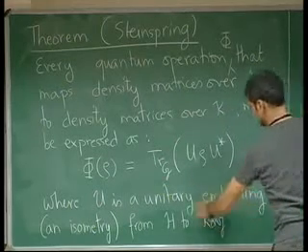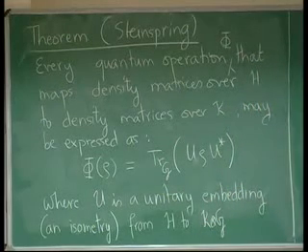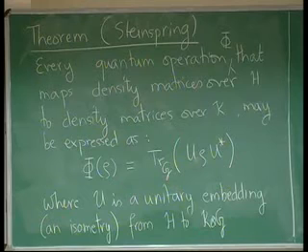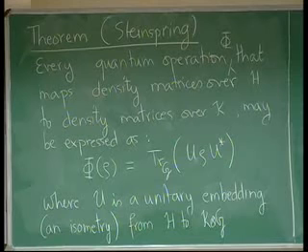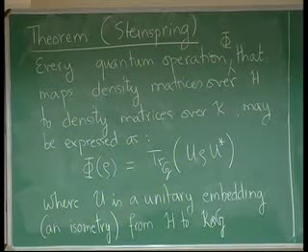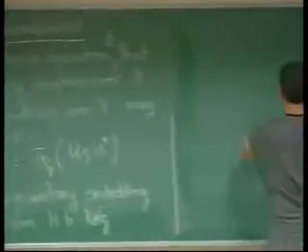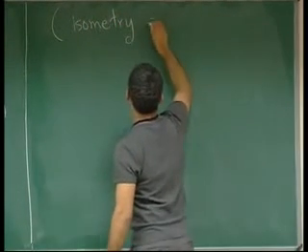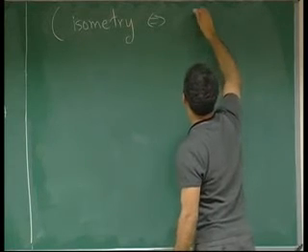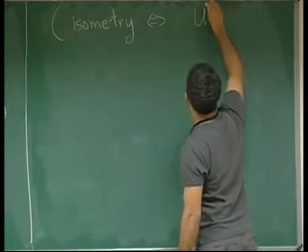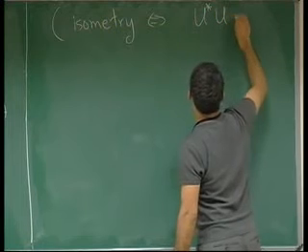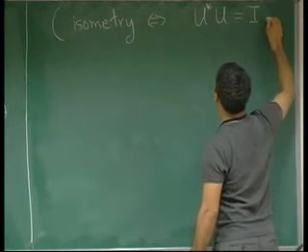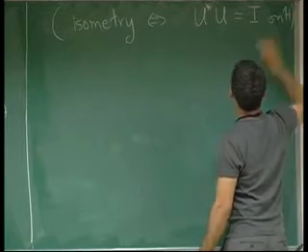Okay, an isometry or a unitary embedding is basically a linear transformation which preserves norms. So an isometry is the same thing as saying that U adjoint U is the identity. Okay?